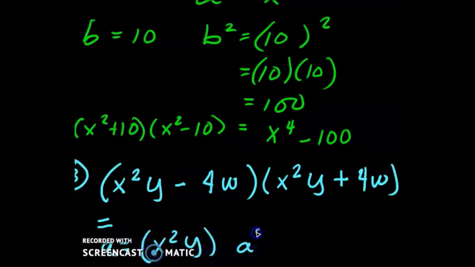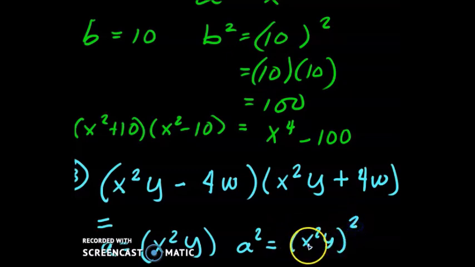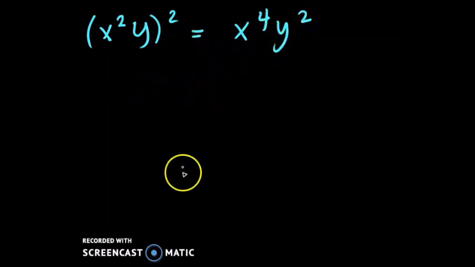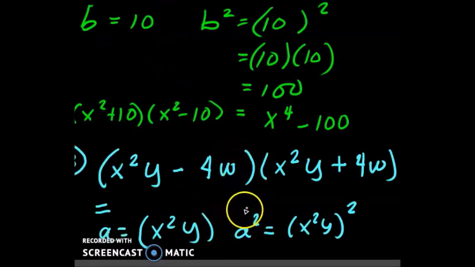If we want to get its square term, x squared y raised to the power of 2, 2 times 2, x to the power of 4. So x squared y will give us x to the fourth power y squared. This is our first term. And our second term here is 4w.